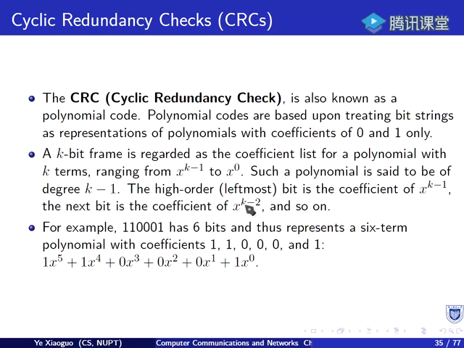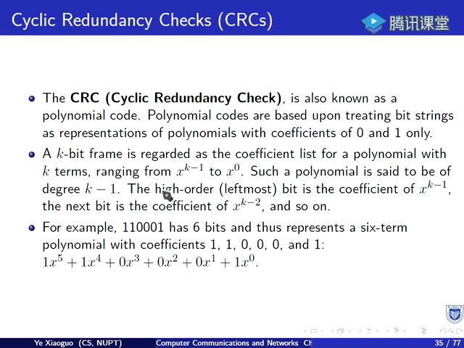A k-bit frame is regarded as the coefficient list for a polynomial with k terms, ranging from the term x^(k-1) to the term x^0.